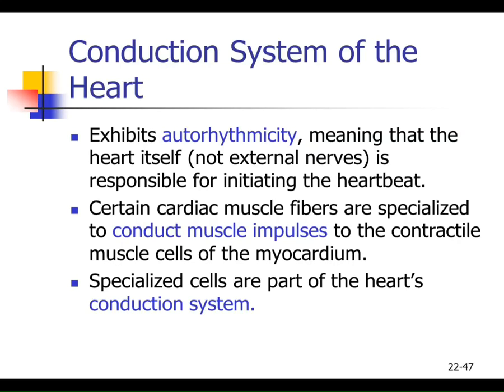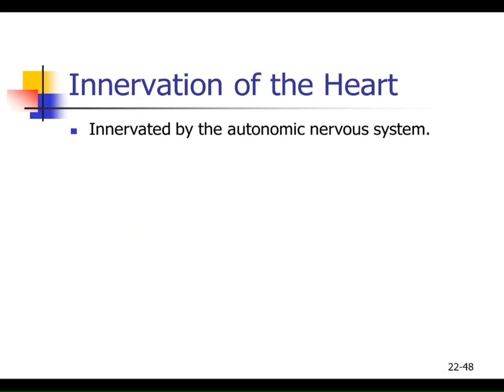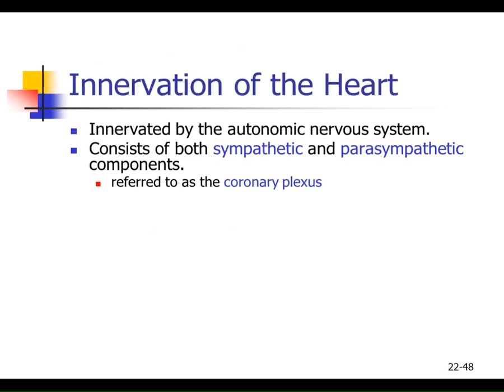This entire nerve pathway within the heart is referred to as the cardiac conduction system. And again, we'll have a whole lab on the cardiac conduction system next semester. As I mentioned, the brain does send signals to the heart. Again, these are involuntary, right? We don't have any voluntary control over this. This is part of your autonomic nervous system, and you do have signals coming from both your sympathetic and parasympathetic nervous systems. Collectively, the nerves traveling to your heart are called the coronary plexus.